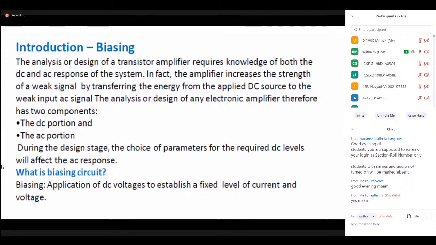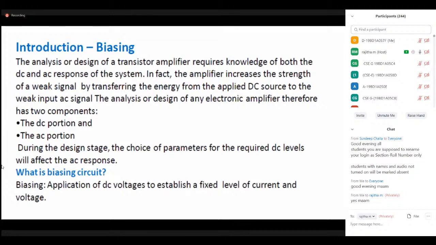So here we have to apply some amount of DC signal with additional circuitry. Why we require that additional circuitry, we are going to deal with in our next slides.